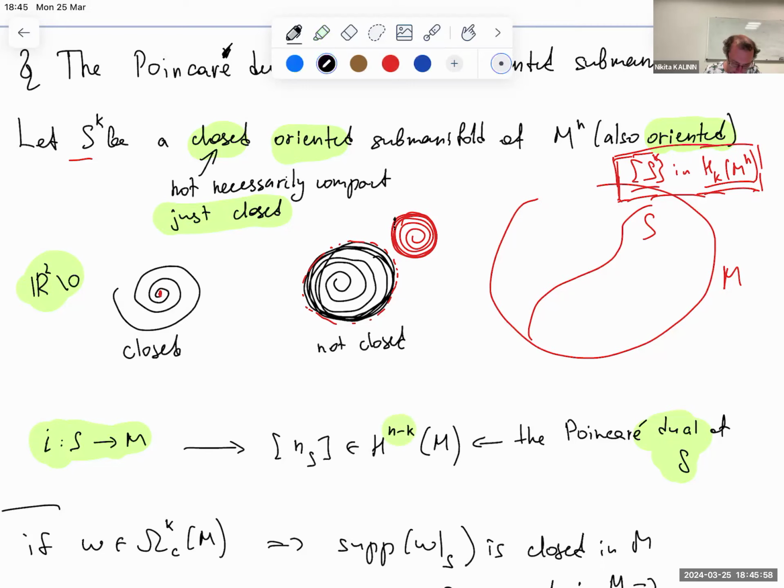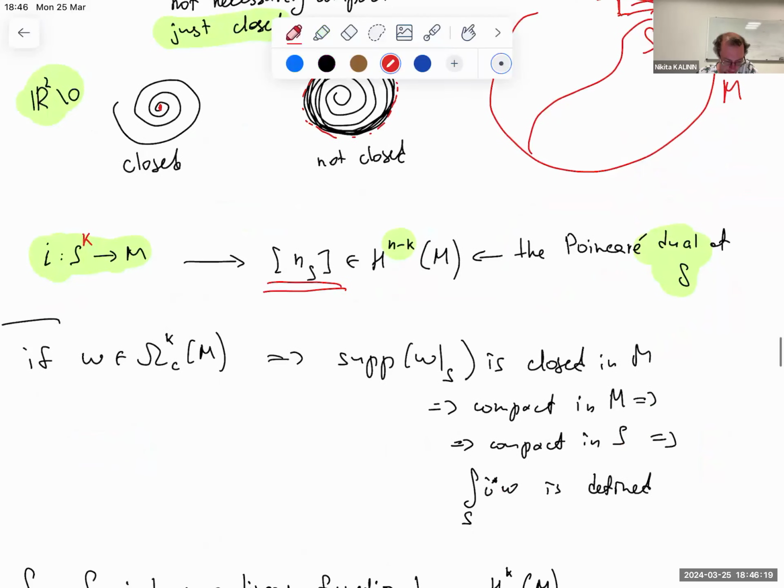So we have a manifold of dimension k, and there will be a class. And there will be some discussion about which form to take to represent it. You may have a class, but then it's always a question how to choose the representative. So how to do it?